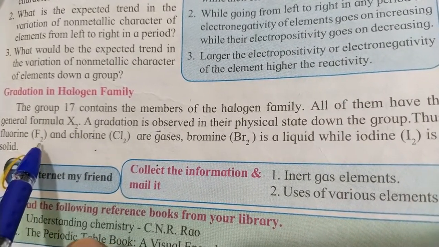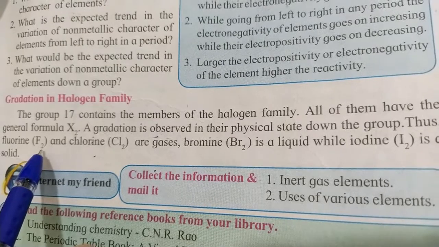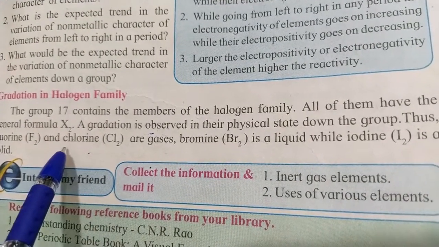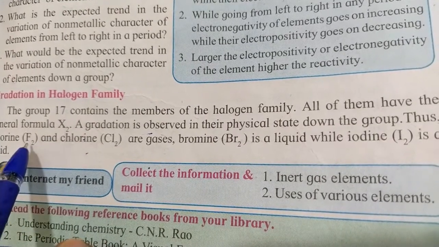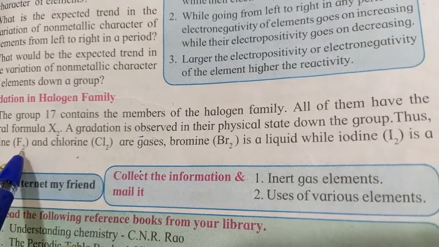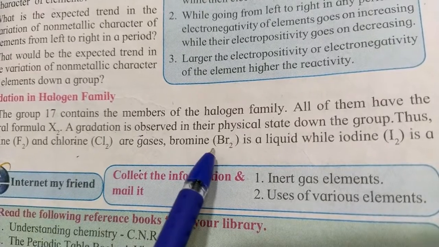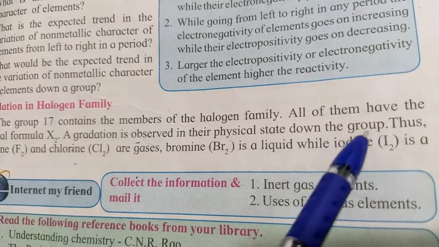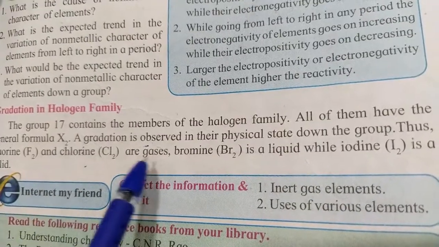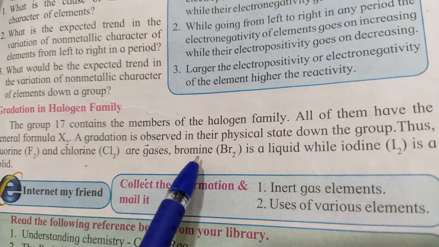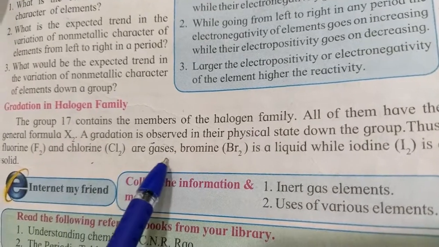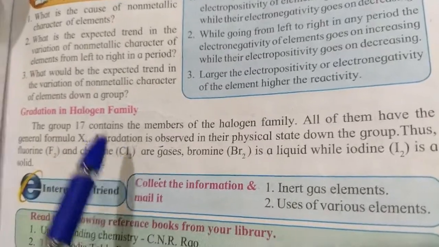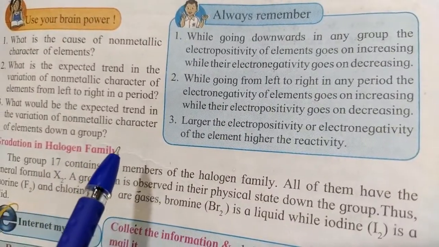For example, fluorine and chlorine are gases, and they appear in diatomic form: F2, Cl2, Br2 and I2. A gradation is observed in the physical state down the group. Fluorine and chlorine are gases, bromine is a liquid, while iodine is a solid. So by this we have completed this chapter also.